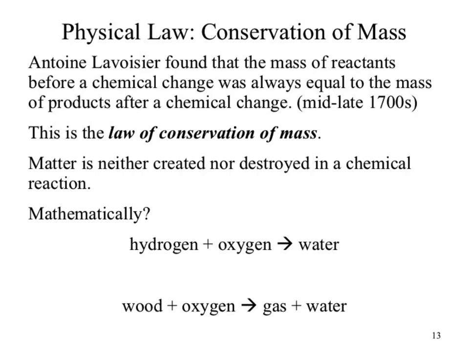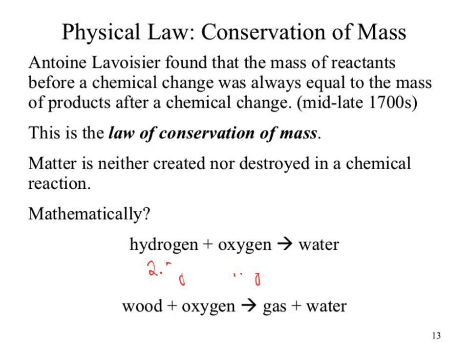If I put in, and this is horribly wrong, so don't trust it, 2 grams of hydrogen and 4 grams of oxygen, and we assume that this thing was correct, how much water should I produce? 6 grams. Conservation of mass. I started with 6 grams. What did I better end with? 6 grams. That's what conservation of mass means. It allows me to predict the mass of the product.